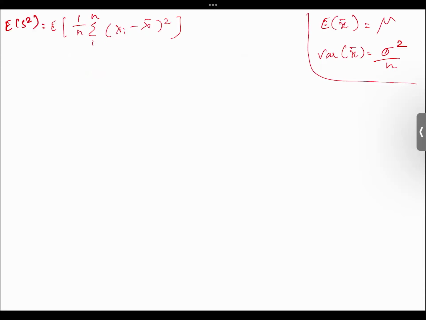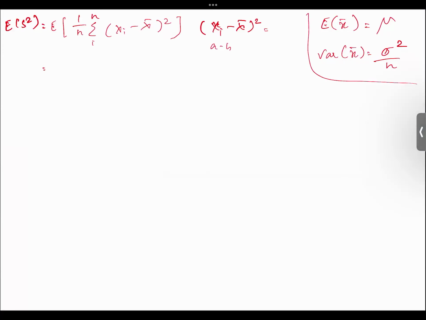And here, this term xi minus x bar the whole square can be expanded.